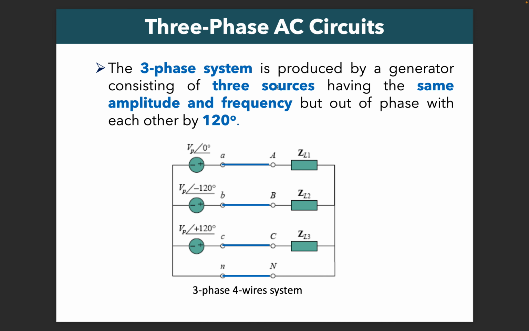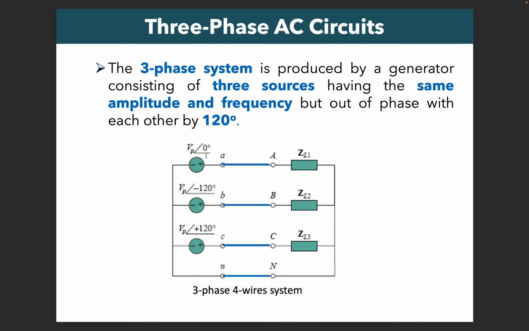For a three-phase system, normally a balanced system, the amplitude is the same. As you can see, this is VP, this is VP, this is VP. The amplitude of the voltage, or the peak voltage VP, is the same. Frequency is the same, but the phase angles are different.